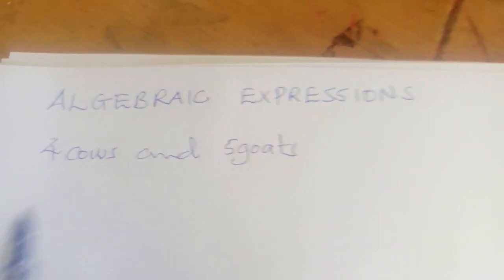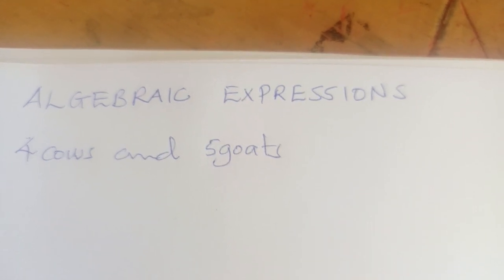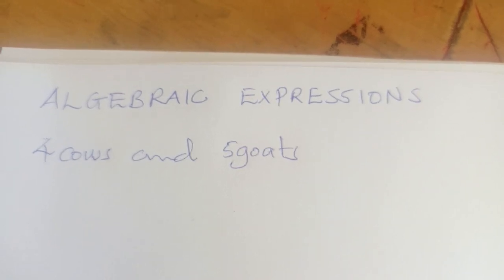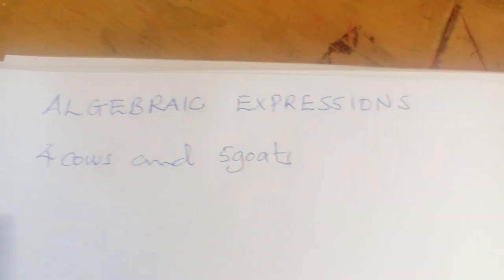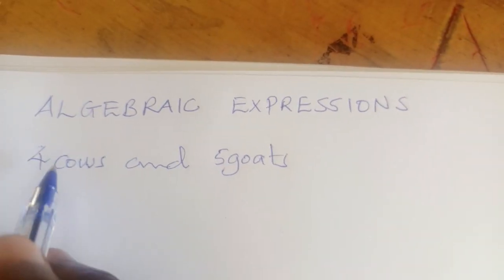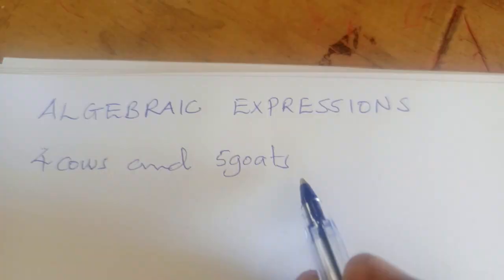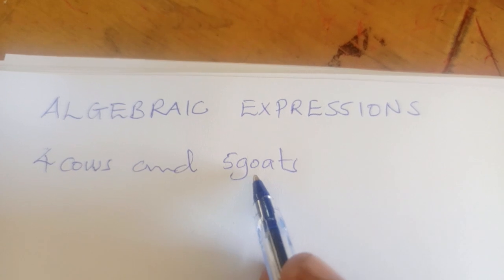Now we can choose to represent this information in an algebraic sense to give us the total number of animals that this farmer has. And this we can do by, for instance, representing cows by the letter C and goats by the letter G.